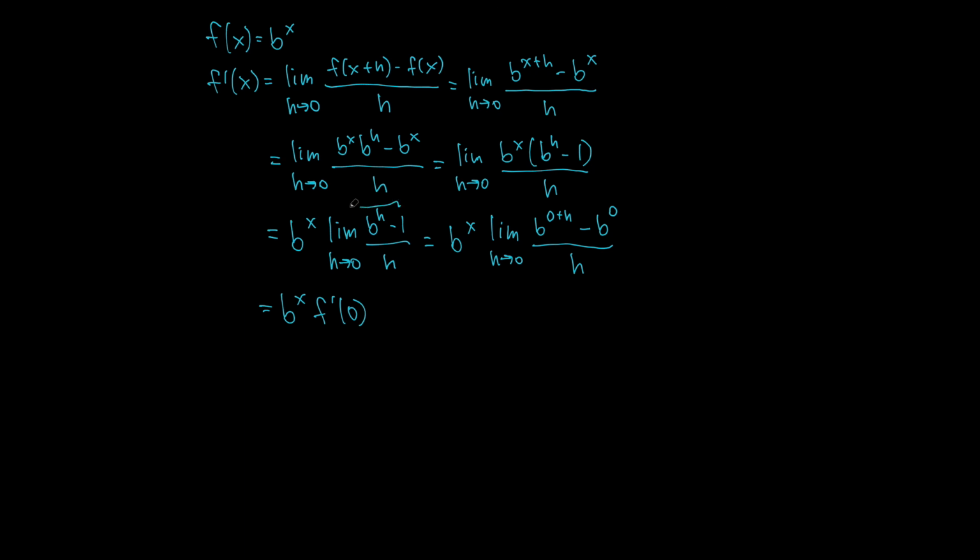I want this limit over here, which is the derivative at 0, I want that limit to be 1. So let's take b, and let's let that equal e, where e is whatever number happens to exist that ends up forcing that limit to become 1. It turns out that that number actually does exist.